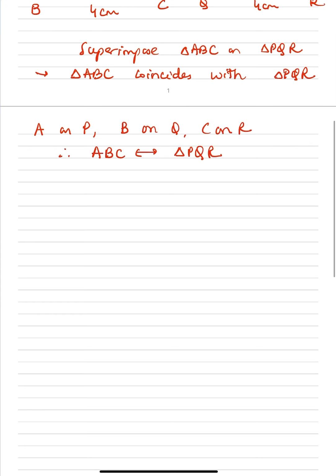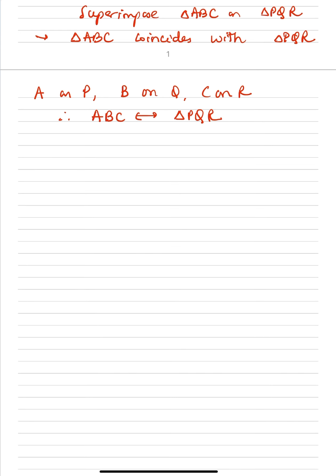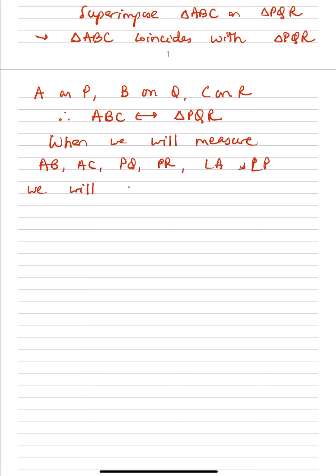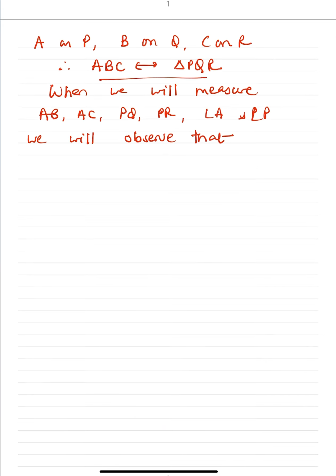When we measure AB, AC, PQ, PR, angle A and angle P, we will observe that AB will be equal to PQ, AC will be equal to PR.